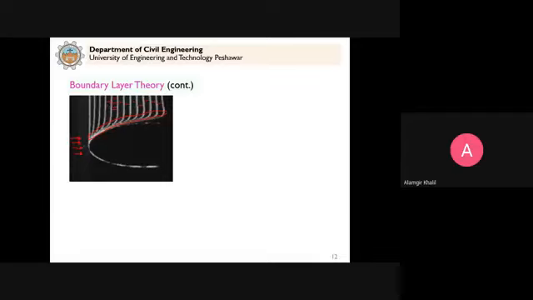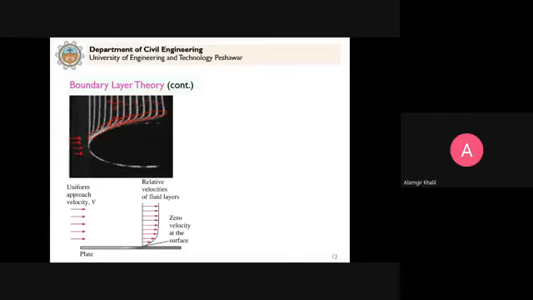But in this region near the surface of the body, you see the curve. If I consider one curve, this is what you see here on a flat plate. Although this is a curved body, on a flat plate we can see here that we have a uniform velocity approach.